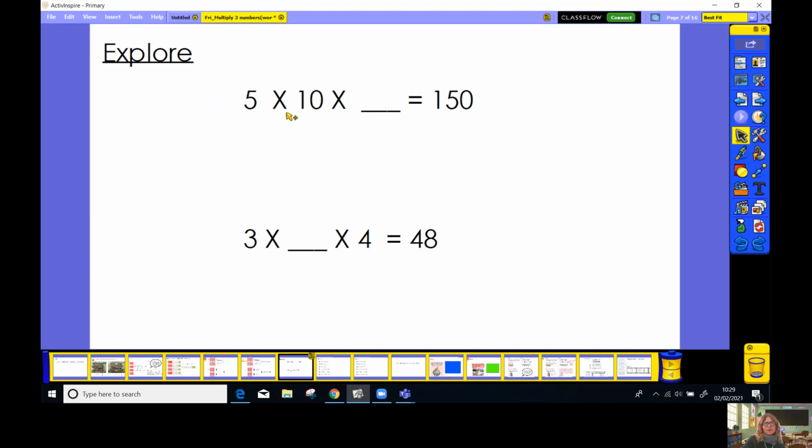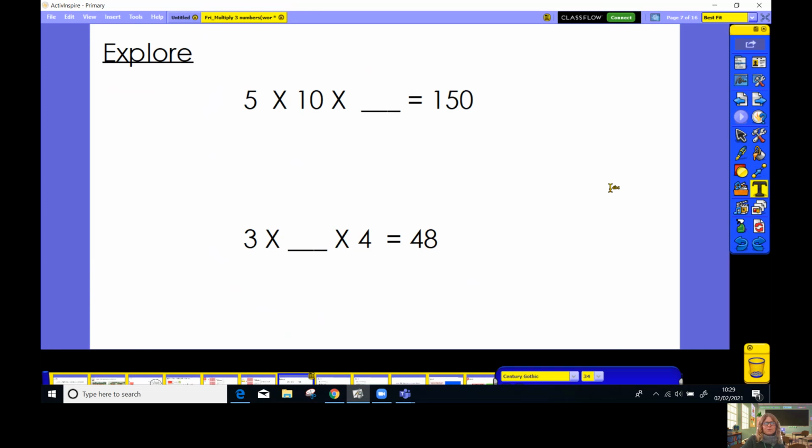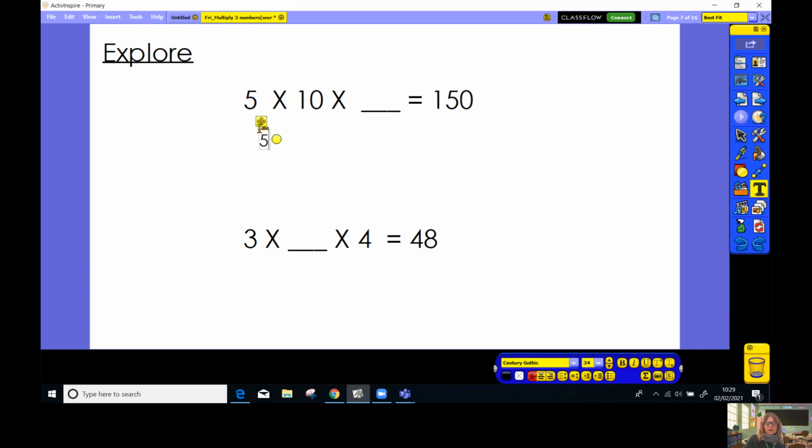So we have 5 times 10. So I'm going to start off with that. I know that 5 times 10 equals 50. Now I want to get from 50 to 150. So what would I multiply 50 by to equal 150? 50 times what equals 150?